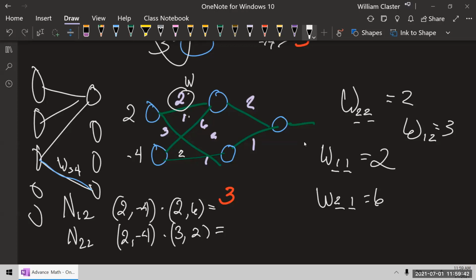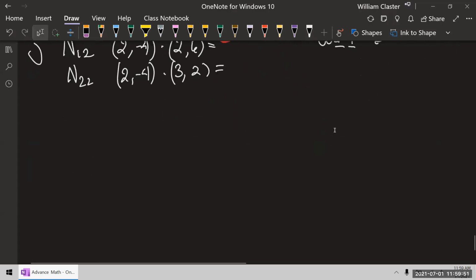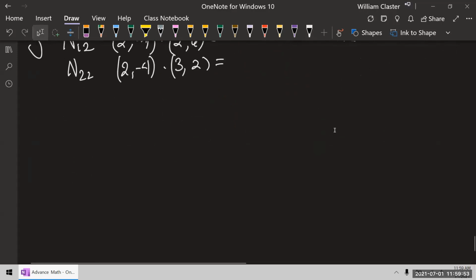Okay, so now we know how to calculate with a neural network. Now we could do this with the iris data, right? Iris data, there are how many inputs? We have sepal length, sepal width, petal length, petal width, right?